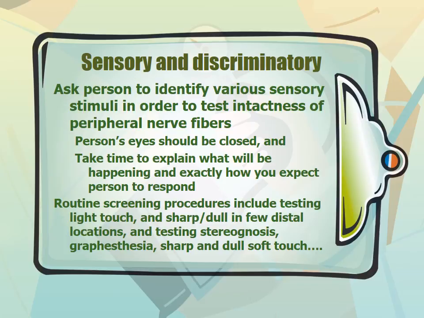You can do graphesthesia, which is identifying writing of both letters and numbers in hands. You can do both sharp and dull, and soft touch. These are all sensory and discriminatory. Sensory would be what? The soft touch, the sharp, dull, right? And discriminatory would be like graphesthesia, stereognosis, kinesthesia, right?